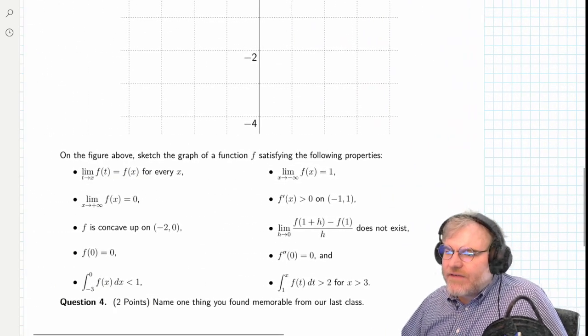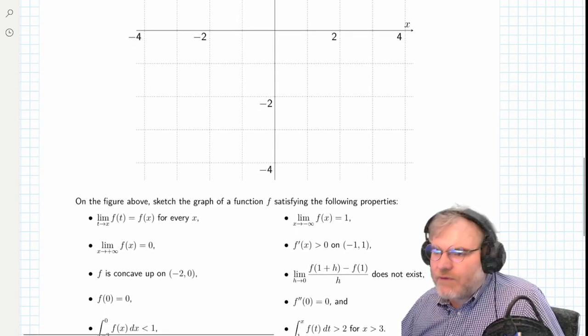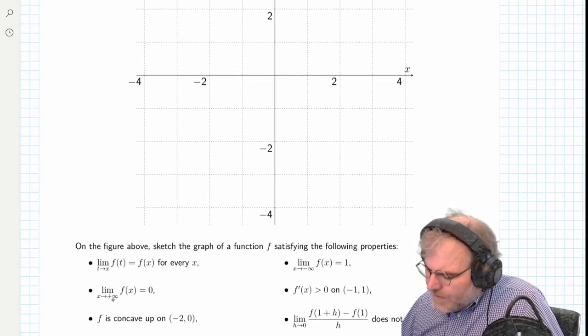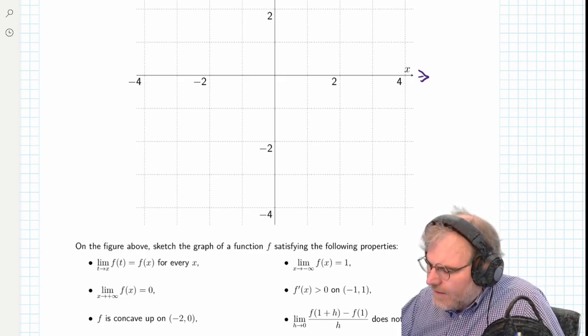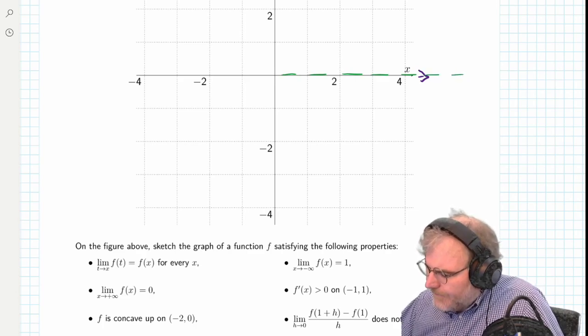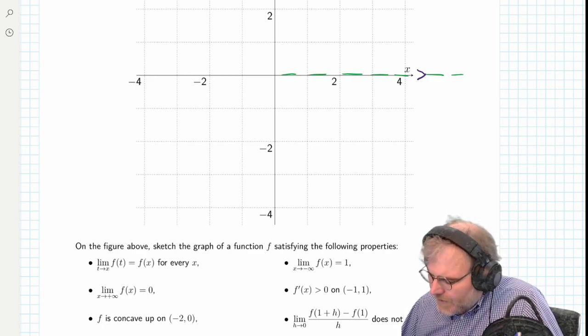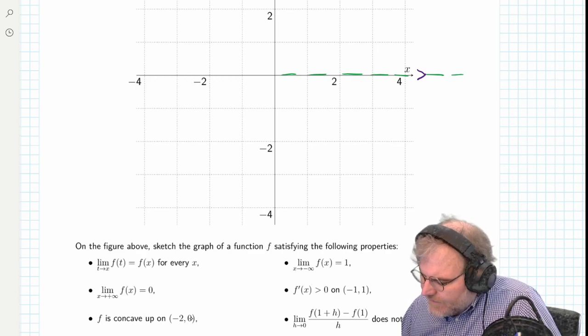Okay. Is someone going to tell me what that first condition means? I'm going to move on to the second one. I want the limit as x goes to positive infinity of f of x equals 0. I'm going to do that right there. And I'm going to draw little asymptote lines right here to make my grader happy. Okay. F is concave up from negative 2 to 0.